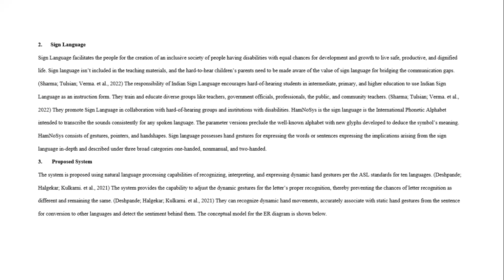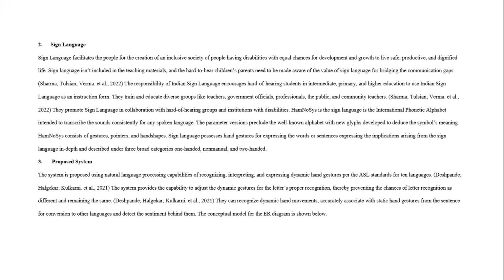They would probably train and educate diverse groups like government officials, professionals, and community teachers. So, in this context, Ameslan is widely used as the sign language.